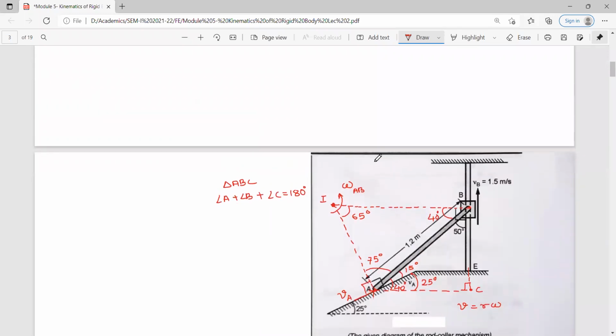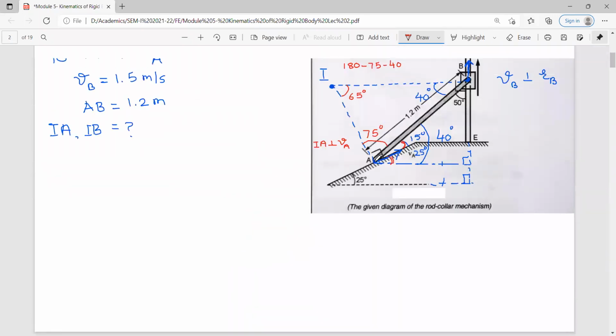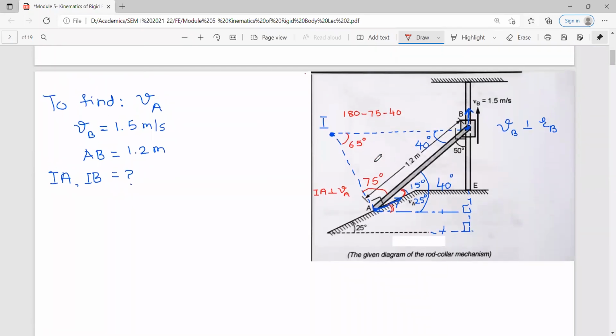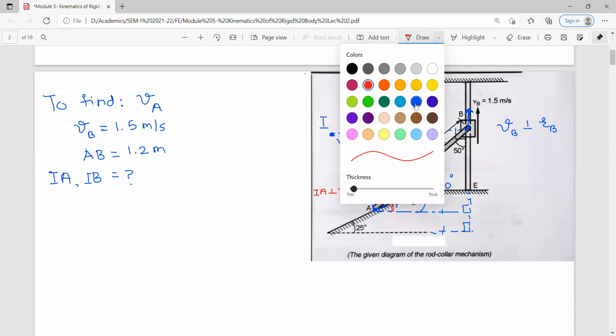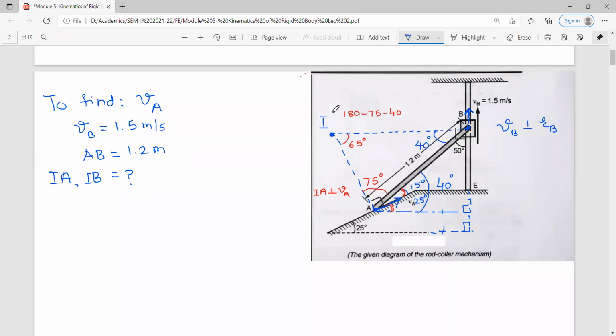So then we will proceed with the solution, if we know all the angles. What is important to us is to find out the distances IA and IB. So for that, I am applying the sine rule in triangle IAB.